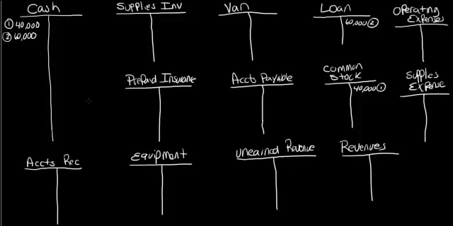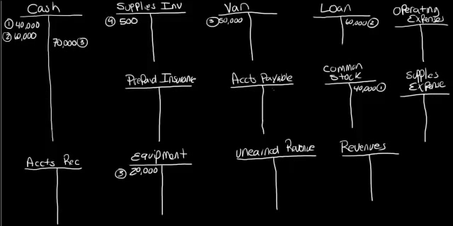The third journal entry was a purchase of a van and some equipment for cash. So we debited the van, we debited the equipment, and we credited cash. Journal entry number 4 was a purchase of supplies, which is a debit, for $500.